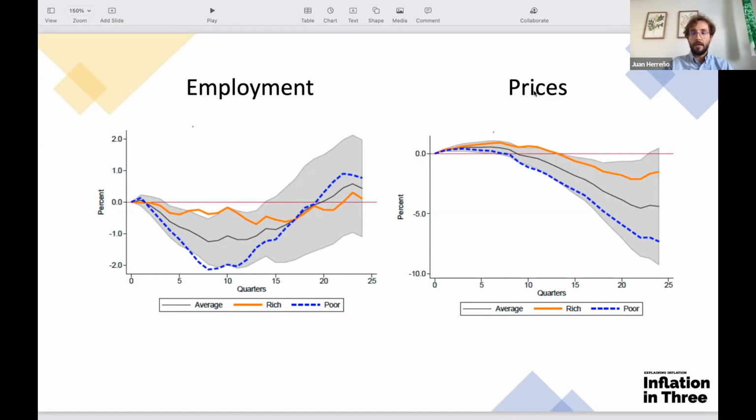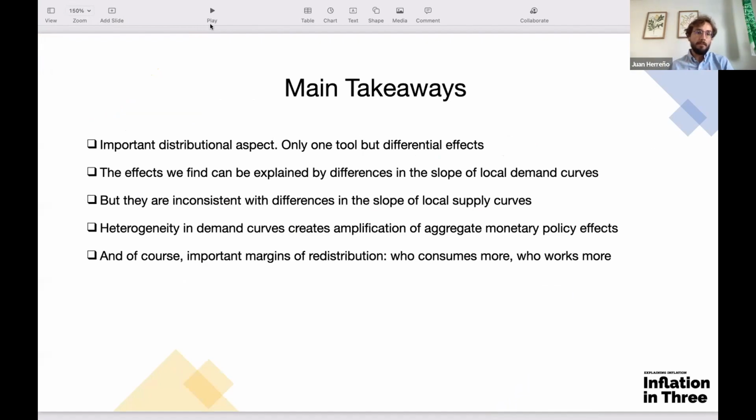Now, if you flip the coin and you look into prices, you would see that the price responses in the rich areas are very mild, but the price responses in the poor areas compared to the average are quite substantially larger. So this is, of course, an important distributional aspect of monetary policy.